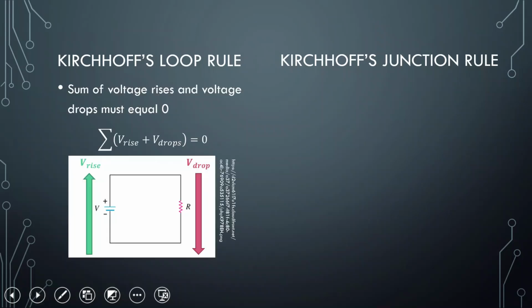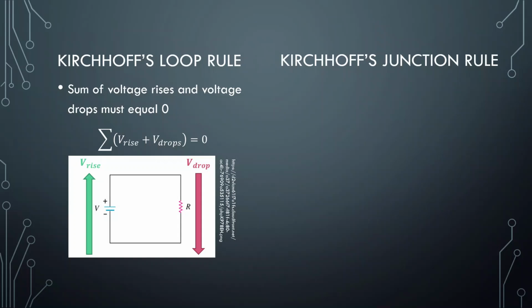Kirchhoff's loop rule basically tells us that the sum of the voltage rises and the voltage drops must equal 0. So if you were to create a loop around the circuit, your voltage rises are caused by your voltage sources, such as a battery, and your voltage drops would be caused by devices that convert electrical energy into other forms.